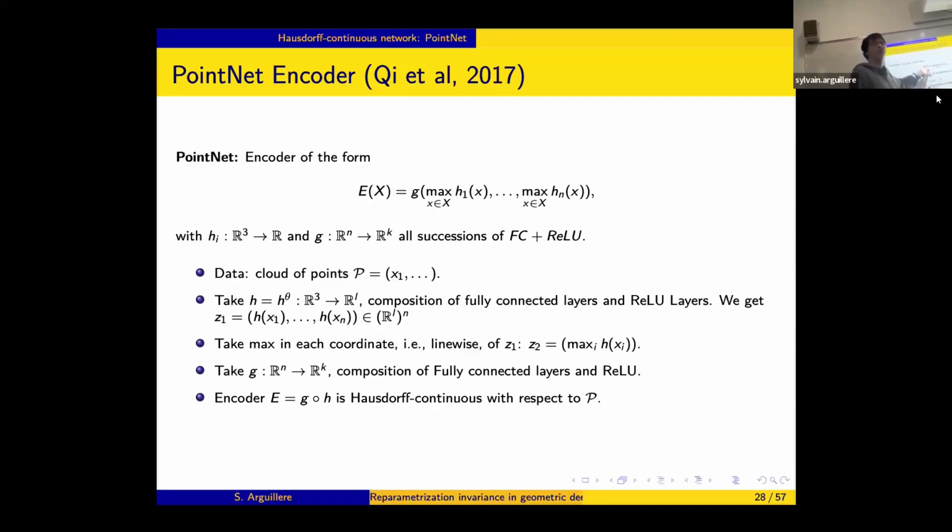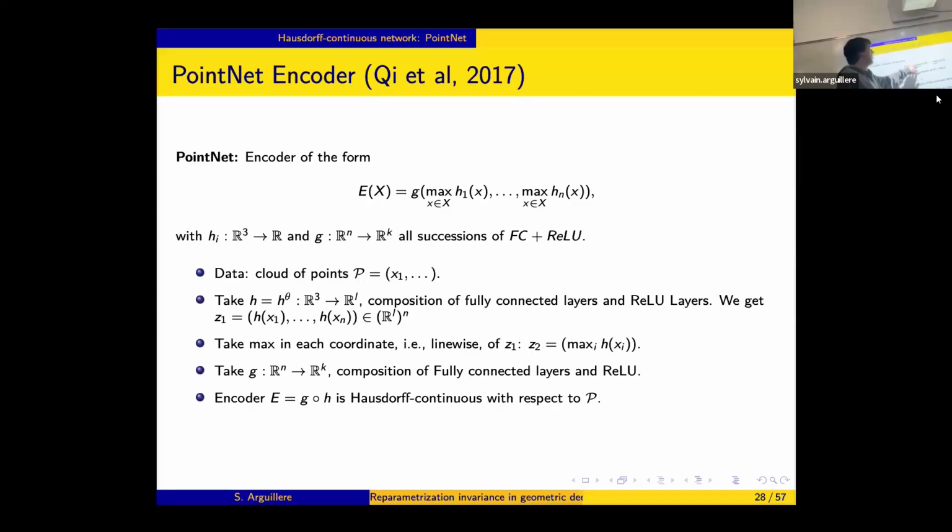Basically, as an encoder, you just take H1 through Hn, which are networks that go from R3 into R, just multi-layer perceptrons. Then you take the max value over all the cloud of points of each of these maps.